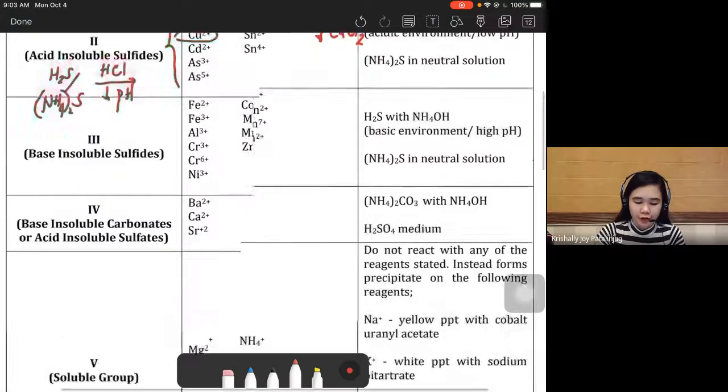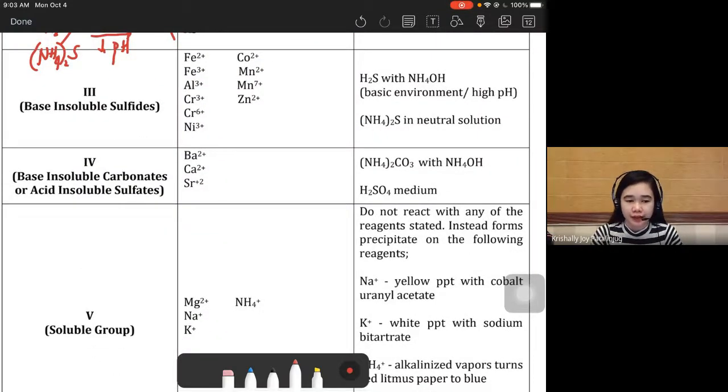Then group 3 cations, these are also known as base insoluble sulfides. The same main reagent, a sulfide group. You can have ammonium sulfide ulit, or hydrogen sulfide, but this time in the presence of an alkali to increase the pH.